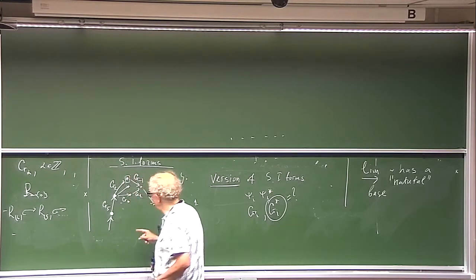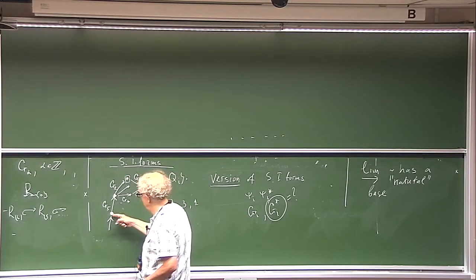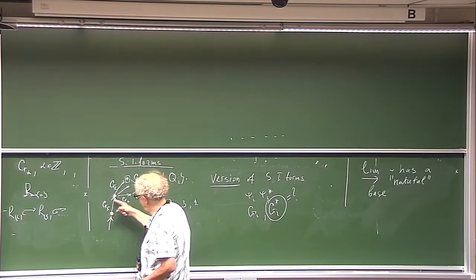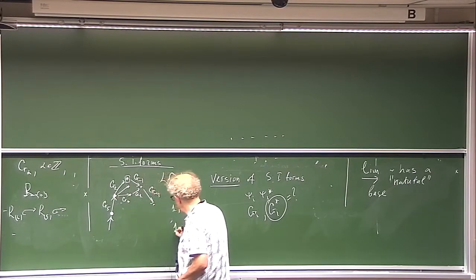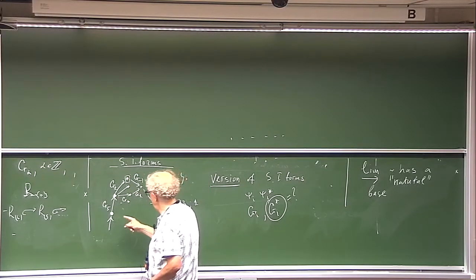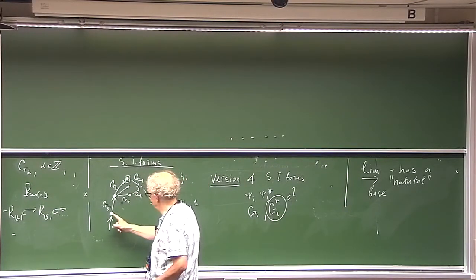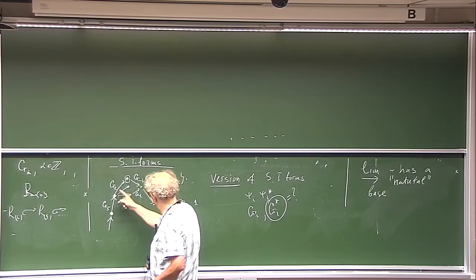So in this case, it will be what? I start with this vector, then it is 1, but here we have not 3, but 5 vectors. And no, not 5, but 6 vectors.